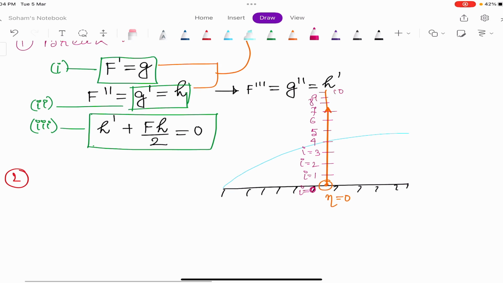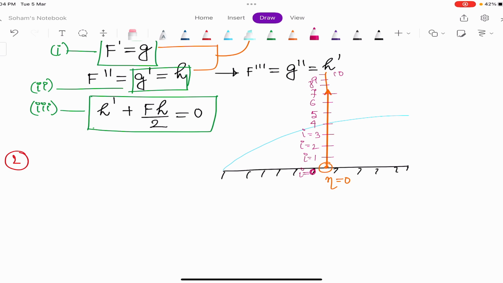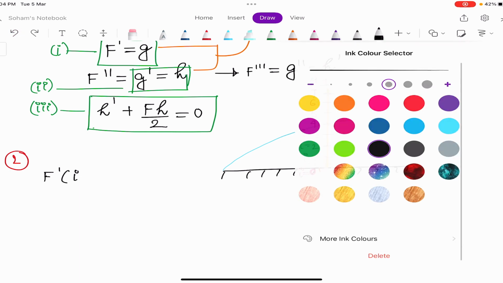We have divided our domain, and now we write equation 1 in a discrete manner. I will write this equation at each grid point.